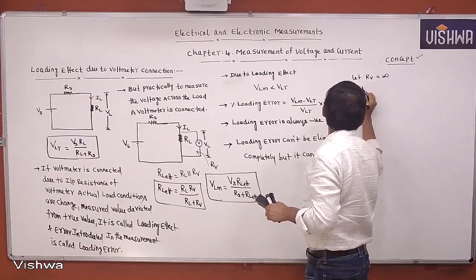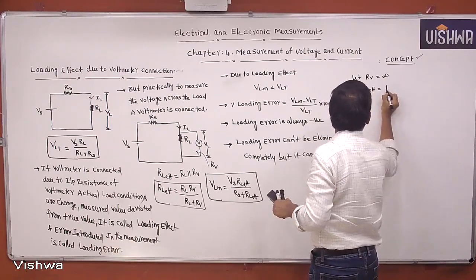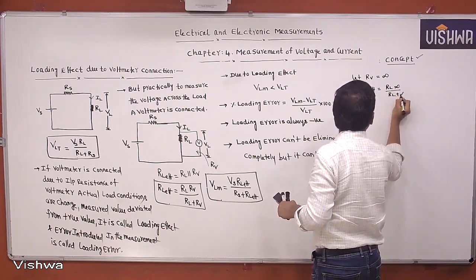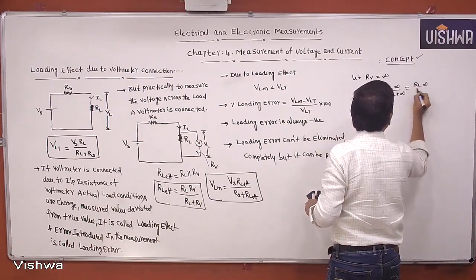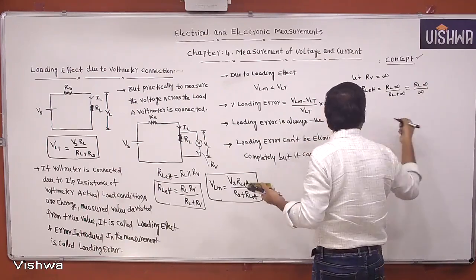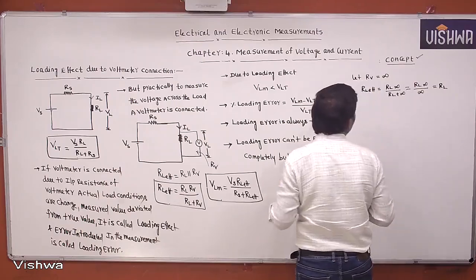But if RV equals infinity, what is RL effective? RL into infinity by RL plus infinity, which is RL into infinity by infinity. Infinity by infinity is not defined, but the case is ideal, so RL effective equals RL.